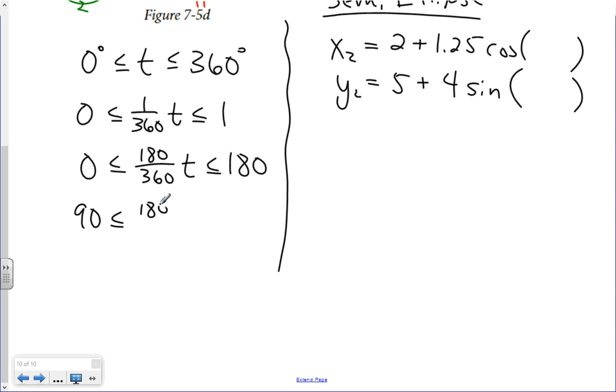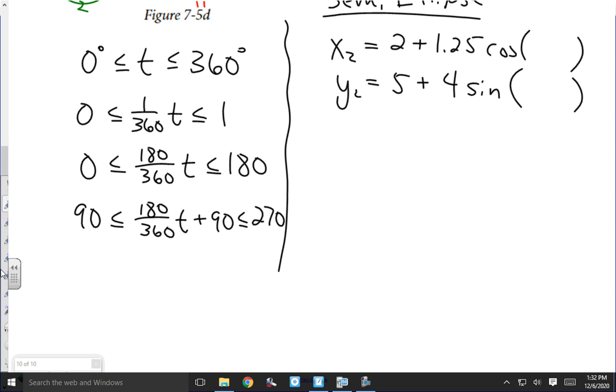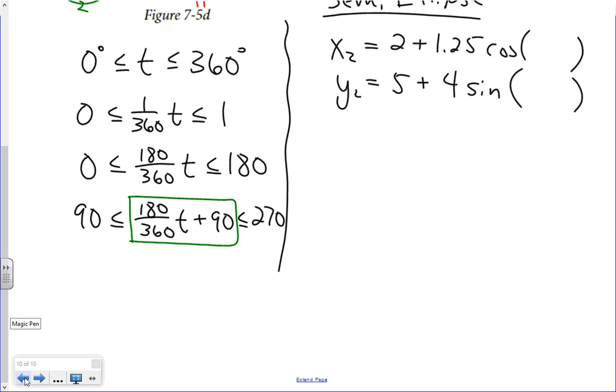I'll have this 180 over 360 times t plus 90. And that's less than or equal to 180 plus 90, which is 270. And now I have a little formula here, I'll simplify this in just a second, that tells me that if I calculate 180 over 360 times t plus 90, then I'm guaranteed I'm going to get values between 90 and 270.